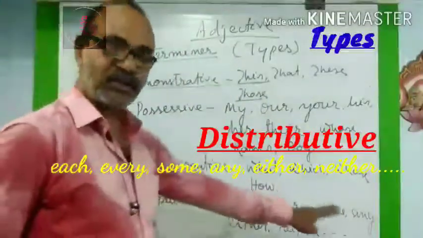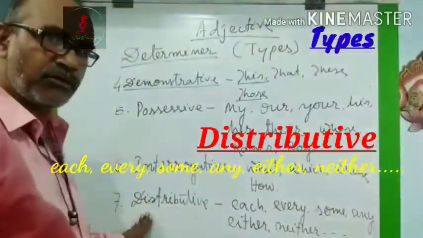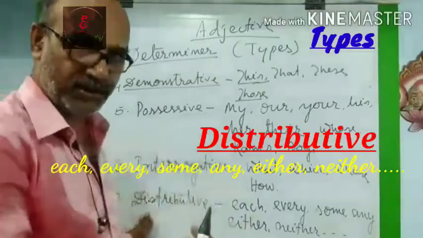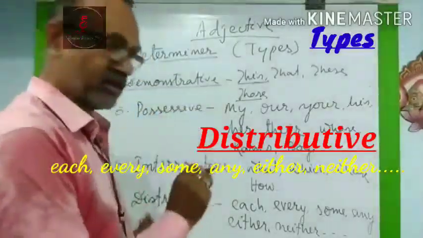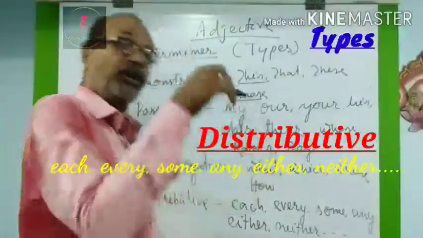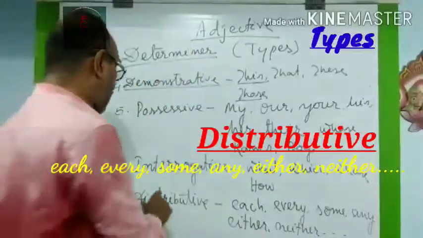These are some examples of distributive determiners. Any such word, if used before any noun, is called distributive.